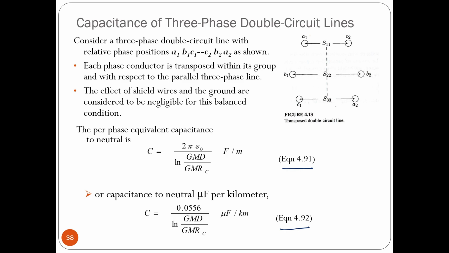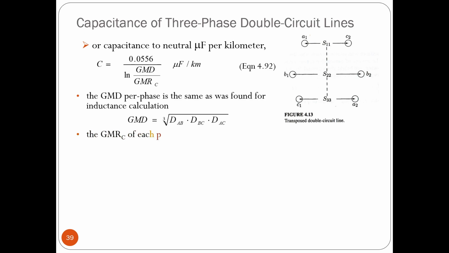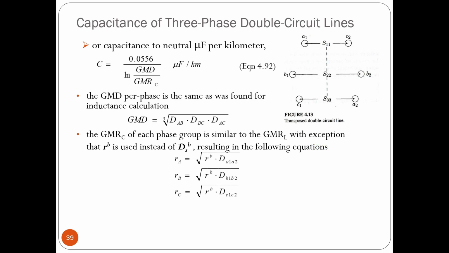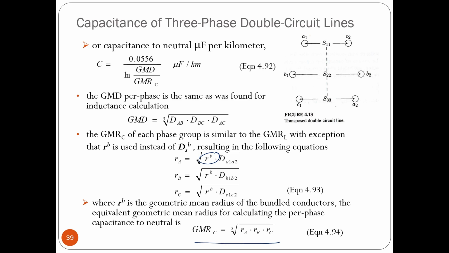The GMD should follow the same set of formulas, still the same as shown here, no different. The GMRC will follow the same grouping, but in this case RB will depend on the bundling that you have. As mentioned here, the total GMRC is very similar to the previous, where we combine everything together.